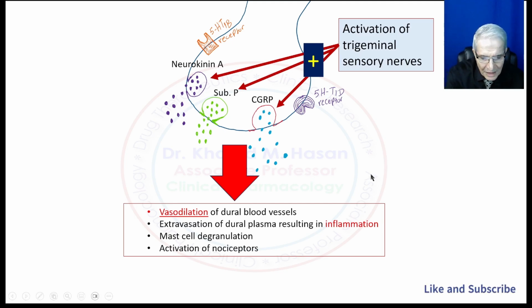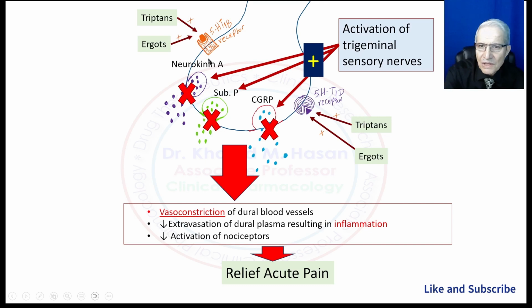Moving to the next, you can see here we prescribe triptan or ergotamine to the patient. Triptan and ergotamine bind to the 1B receptor, and at the same time triptan and ergot bind to the 1D serotonin receptor.